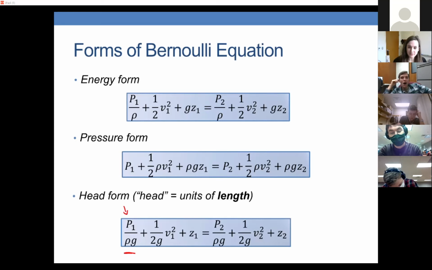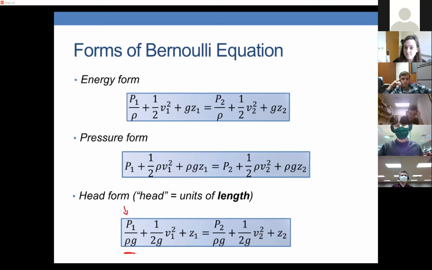So these are all the forms of this. It's helpful to be able to go between them. A lot of you will probably have all of these memorized by the time we're done because we're going to use this so much.